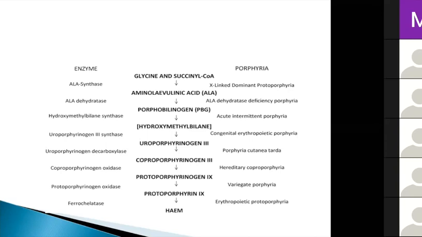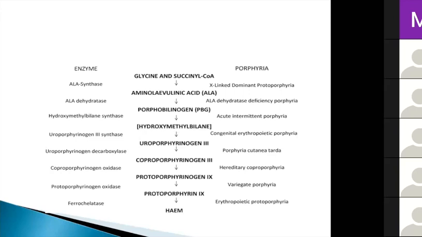Uroporphyrinogen 3 will then be acted upon by an enzyme known as uroporphyrinogen decarboxylase to form coproporphyrinogen. Coproporphyrinogen will be oxidized by an enzyme known as coproporphyrinogen oxidase to form protoporphyrinogen 9. Protoporphyrinogen 9 will be oxidized by protoporphyrinogen oxidase to form protoporphyrin 9.